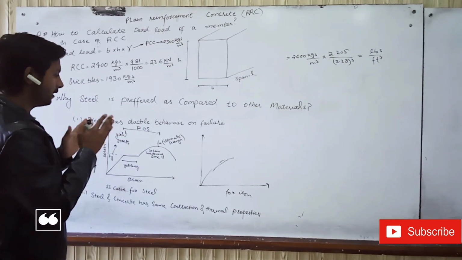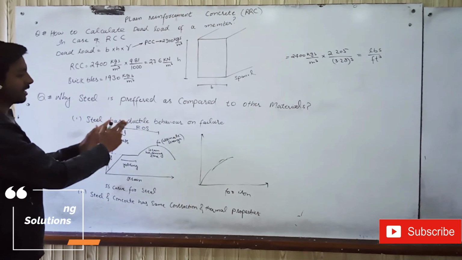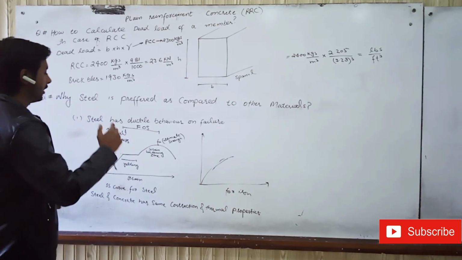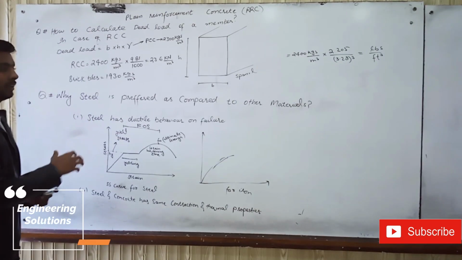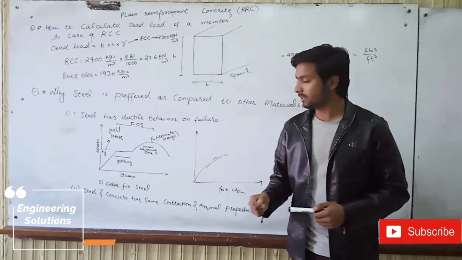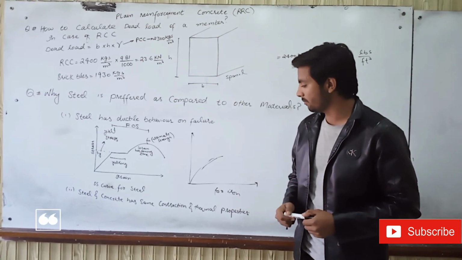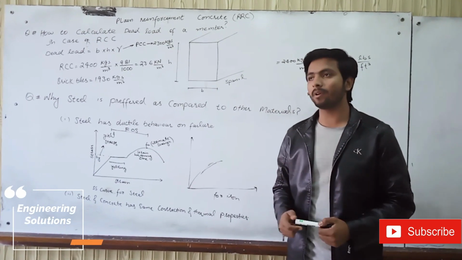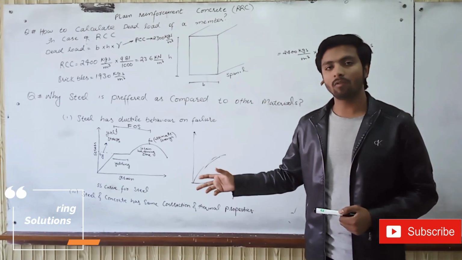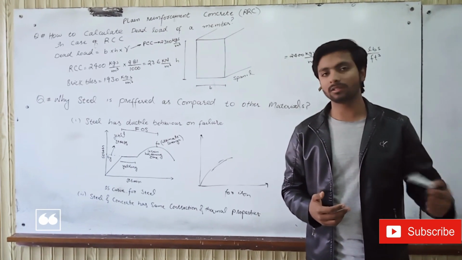So point 1 is very clear: steel has ductile behavior on failure, hence we use steel as compared to other materials like iron. The next point is that steel and concrete have the same contraction and thermal properties. So these are the two reasons for which we prefer steel in place of all the other materials.